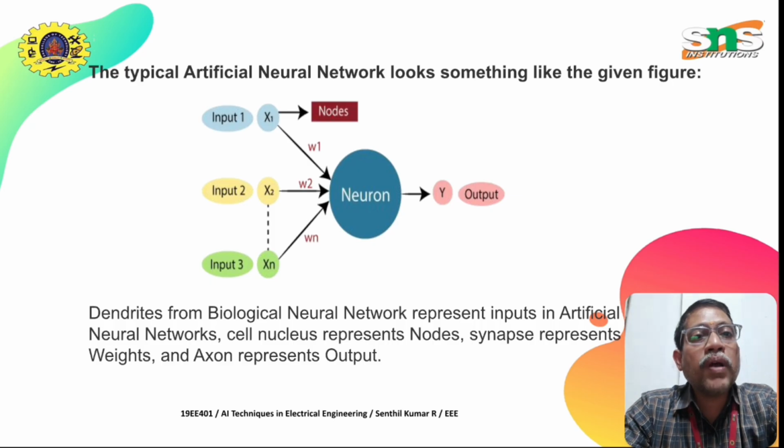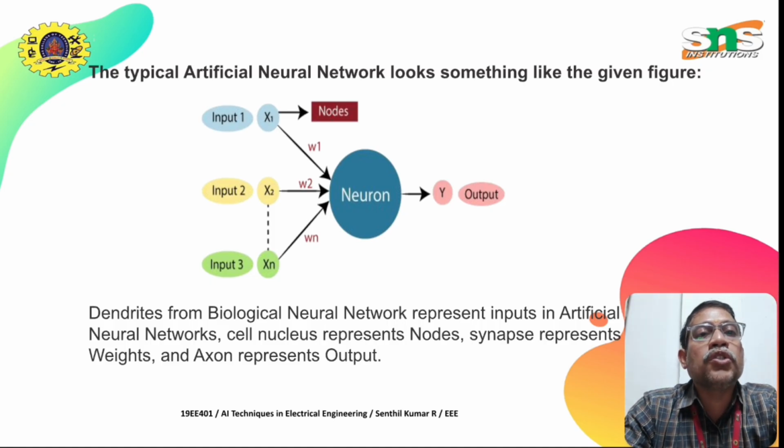Now, from the brain analogy, an artificial neural network is derived. A typical artificial neural network is shown here.